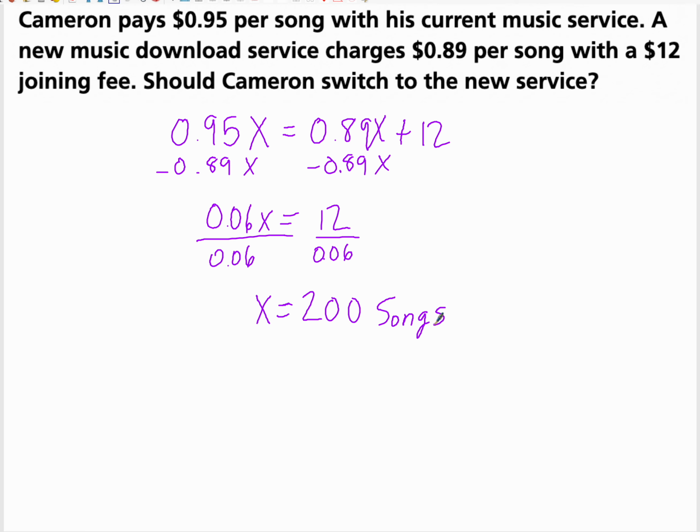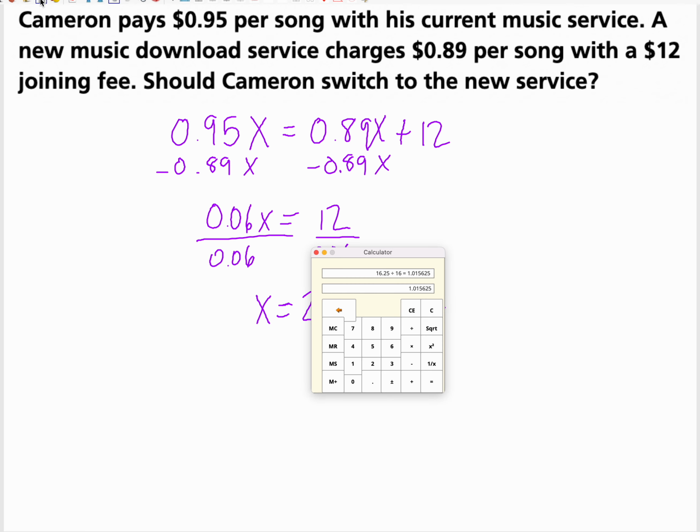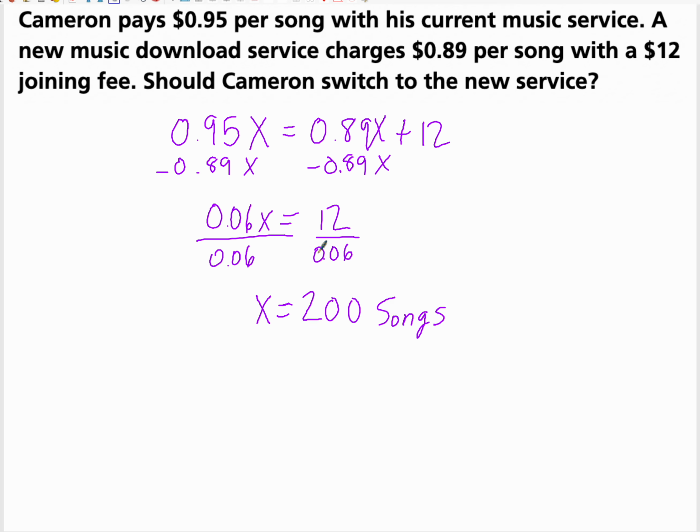Let's just run the numbers here. 200 times 0.89 plus 12 means that he's going to spend $190 on songs. So if he's going to buy $190 worth of songs, which would be 200 songs, then he should switch music services.